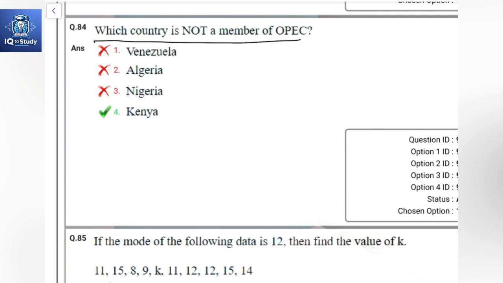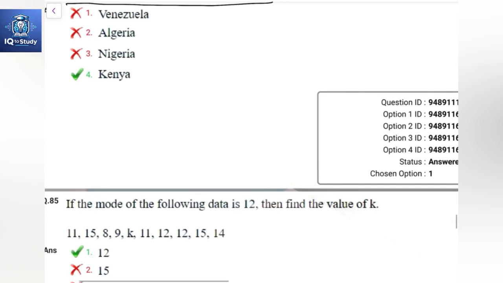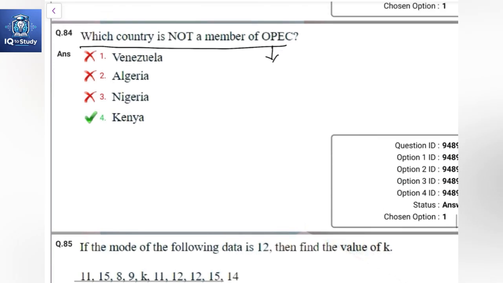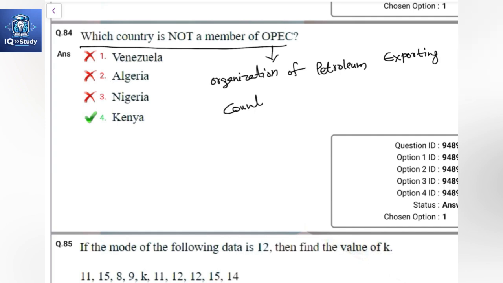Which country is not a member of OPEC? OPEC means Organization of Petroleum Exporting Countries. O means organization, P means petroleum, E means exporting, C means countries.